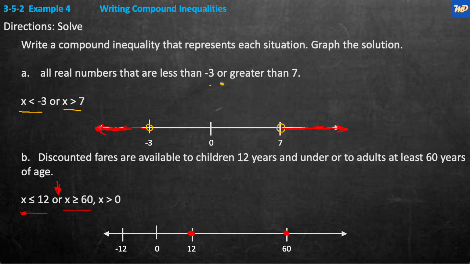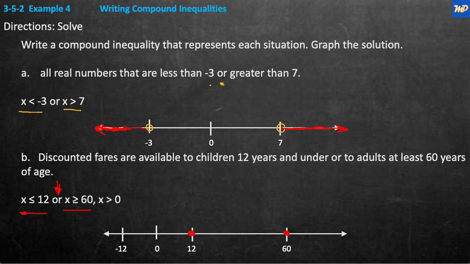Okay, so now what do we have to realize? They said x can't be less than 0, right? So we're going to have to put a circle here too. You can't even be 0. x can't be less than 0, and it can't really be equal to 0 either.